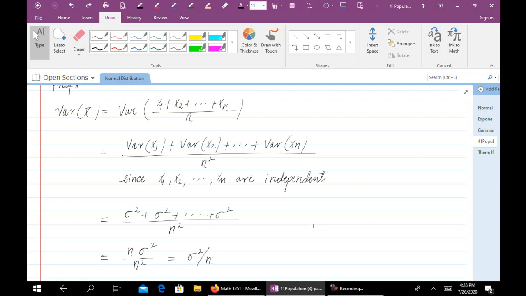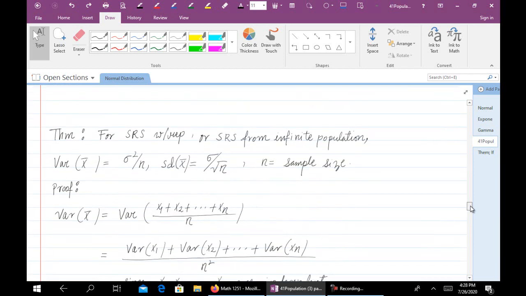So the distribution of x1 should be the same as the distribution of the population, and so the variance of x1 should be the same as the population variance. And so what we get is n sigma squared divided by n squared, which is equal to sigma squared divided by n. So we obtained the result that the variance of x bar is sigma squared over n, and of course the standard deviation is just the square root of that.